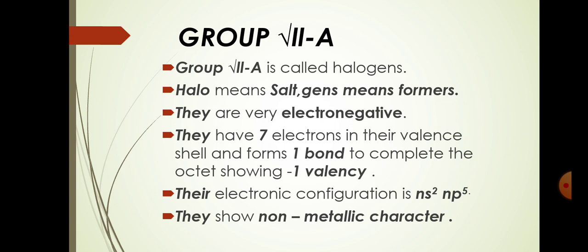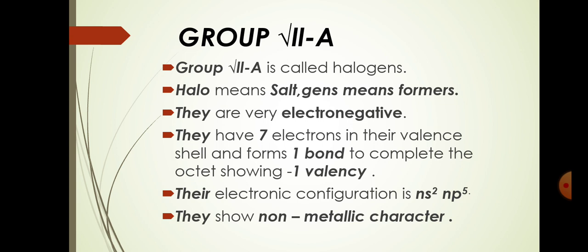Then group 7A is called the halogens. Halo means salt, gens means former, so halogens mostly form salts. They are very electronegative. Electronegative means a tendency of an atom to gain electrons and form an anion. They have 7 electrons in their valence shell and form one bond to complete the octet, showing the -1 valency.